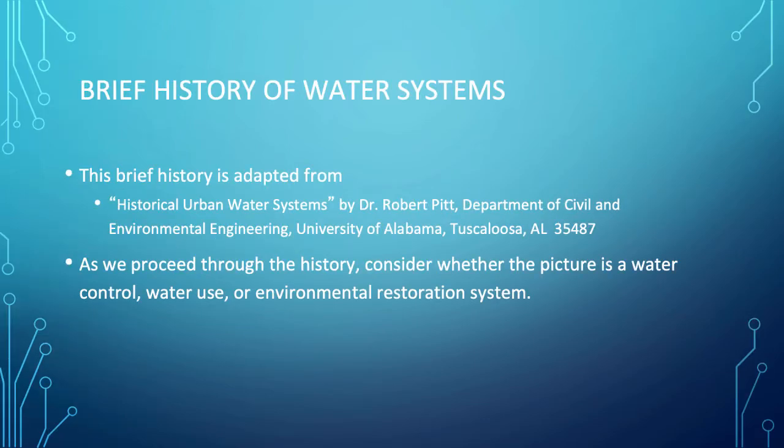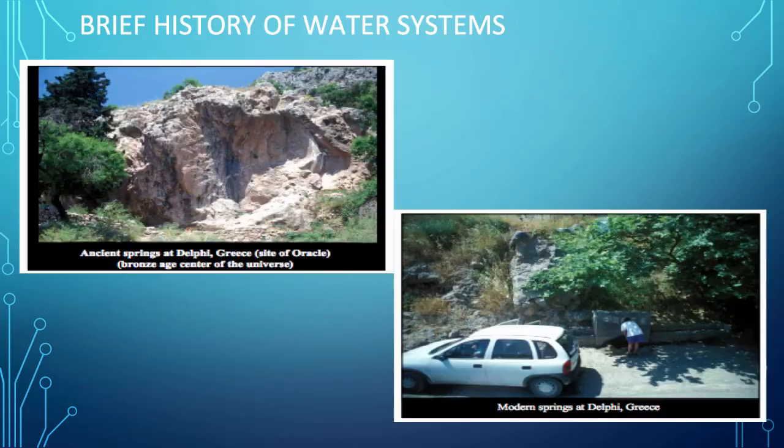I call this a brief history of water systems, and it's an adaptation of a slideshow by a colleague, Dr. Robert Pitt, at the Department of Civil and Environmental Engineering, University of Alabama, Tuscaloosa. He's retired, but he's still an emeritus professor at the university. Emeritus just means an old guy who doesn't get paid, but he gets an office. As we proceed through the history, I want you to consider whether the photograph represents a water control, water use, or an environmental restoration system in the context of part 2 of this lesson.